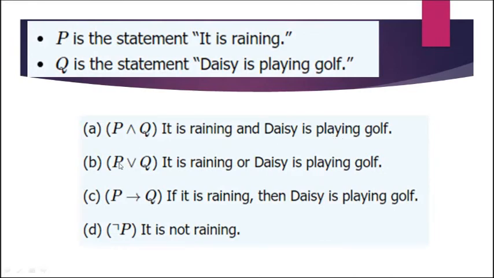Next, we have letter B, P or Q, statement P or statement Q. So for our statement P, it is raining, or, this is our connective, Daisy is playing golf. Next, we have if P, then Q. If it is raining, then Daisy is playing golf.